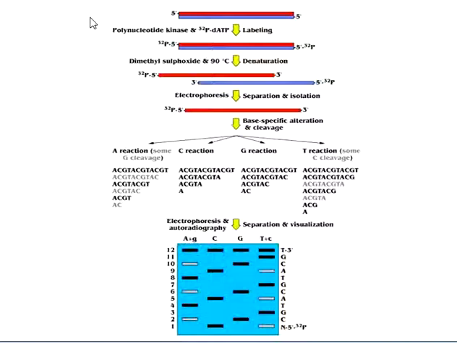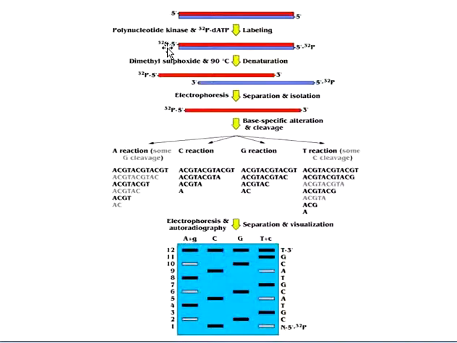Here one DNA template is shown with a double-stranded structure. The first step in Maxam-Gilbert sequencing is to label one of the ends, either the 5' end or the 3' end of the selected DNA template.